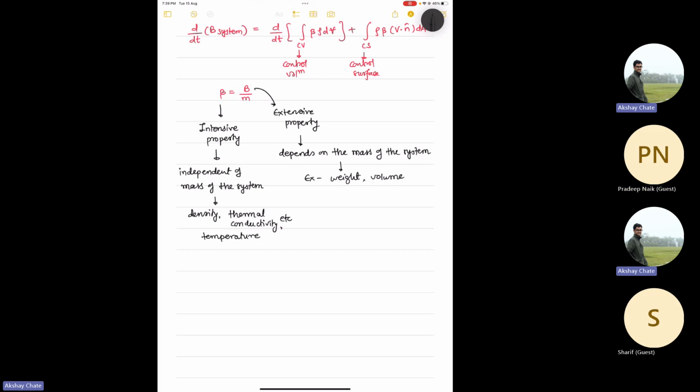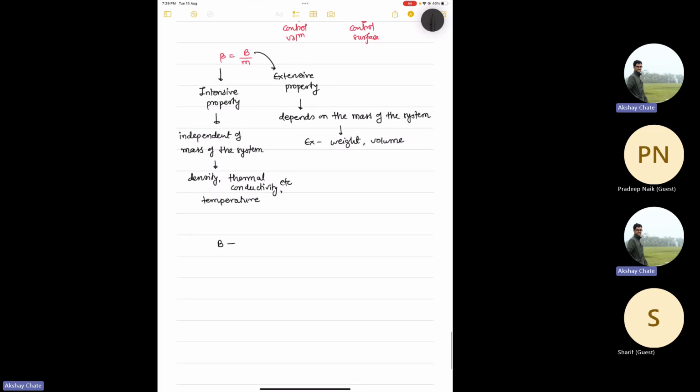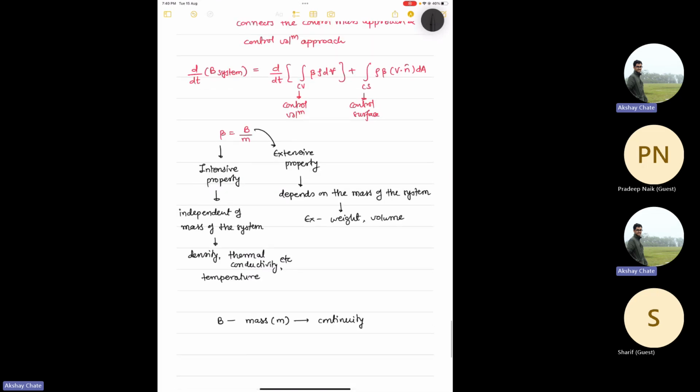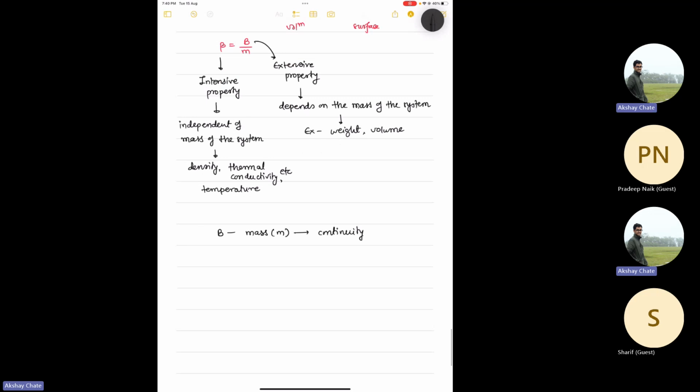See, in fluid mechanics, I'll tell you, in the context of this Reynolds transport theorem, we consider four cases. We consider B as the mass, that gives you the continuity equation. So in this RTT equation that I've shown on the top, if you put capital B as the mass of the system, I'll make a table actually.